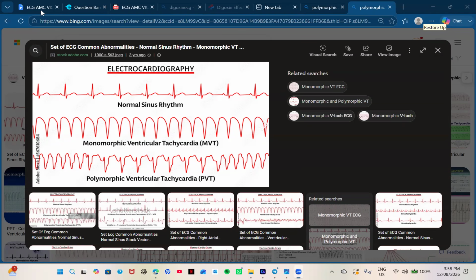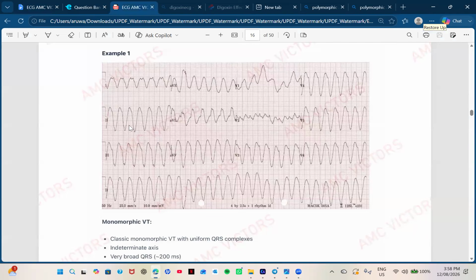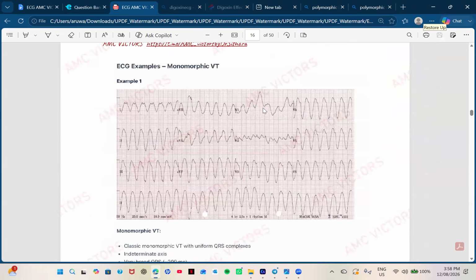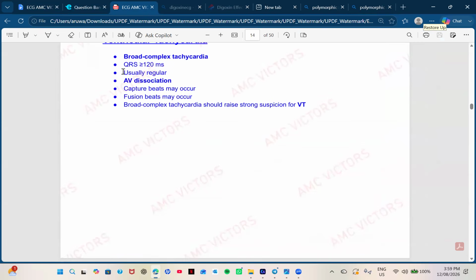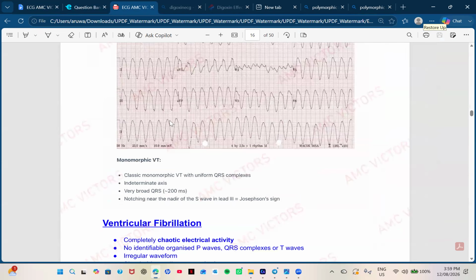Here in this area we can see monomorphic, but here the pattern has changed, a kind of polymorphic area, because in the same ECG there can be monomorphic and polymorphic patterns in the same patient. We just discussed broad complexes, more than 120.